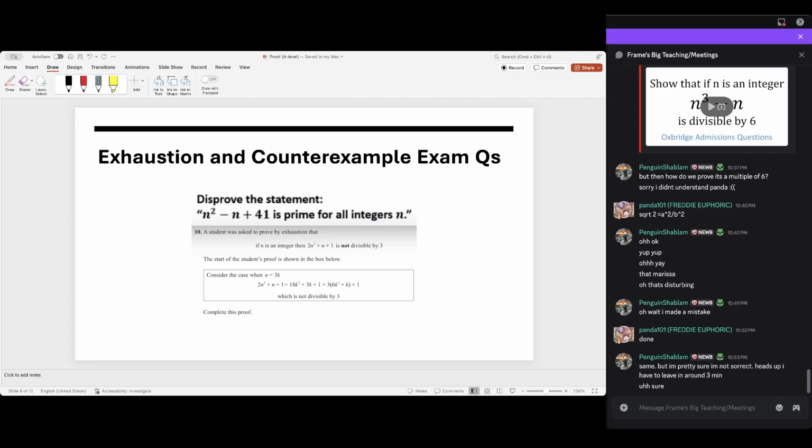So 4 minus 2 is 2, but 9 minus 3 is 6, so it's 41 and 47. 16 minus 4 is 12. 25 minus 5. 36, that's it. 49 minus 7 is 42.